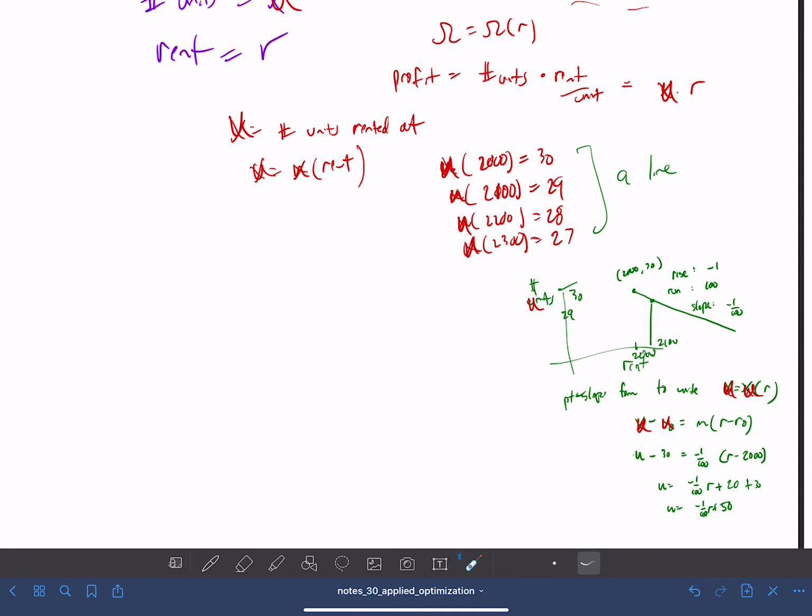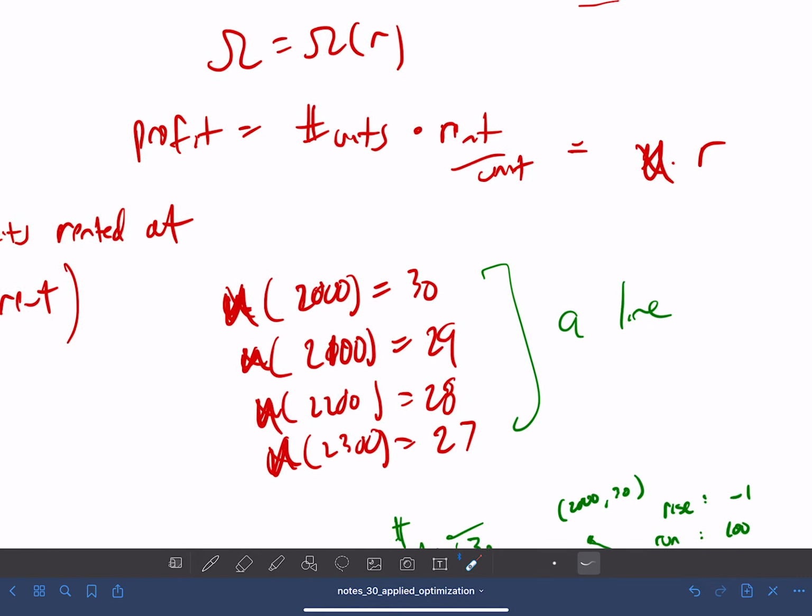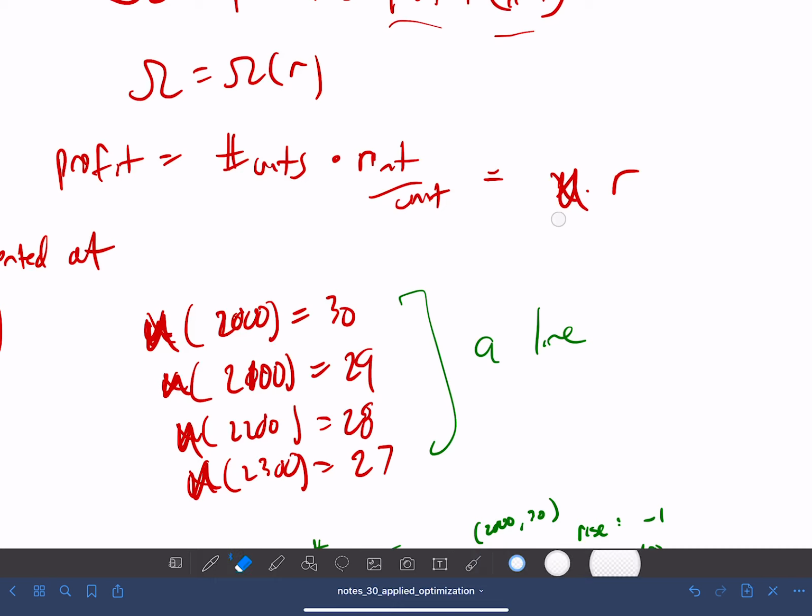What does that give me? Going back to my profit. Profit is the number of units times the rent per unit, U times R. We just found that U equals minus 1 over 100 times r plus 50.